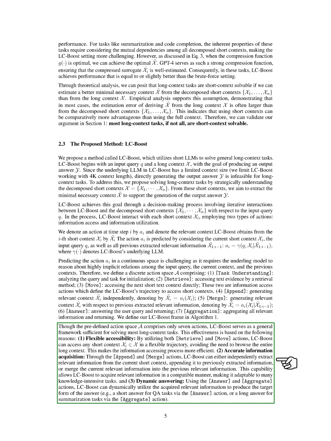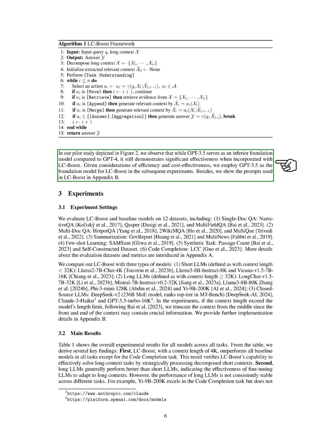Its effectiveness lies in its flexible accessibility to short contexts, accurate information acquisition, and dynamic answering capabilities. Our pilot study showed that even when paired with GPT 3.5 instead of GPT-4, LC Boost still demonstrates significant effectiveness. Therefore, we chose to use GPT 3.5 as the foundation model for LC Boost in our subsequent experiments.